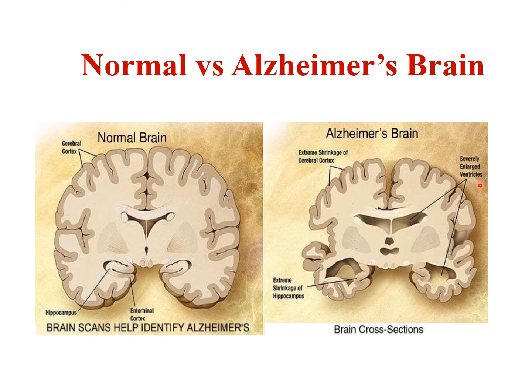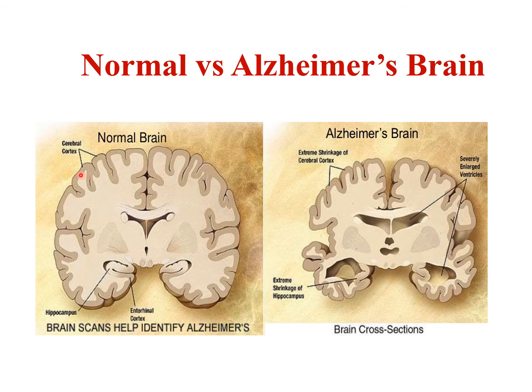And thirdly, severely enlarged ventricles are identifying the Alzheimer's brain, whereas in the case of a normal brain, there are no enlarged ventricles. Whereas in the Alzheimer's brain, we can easily identify the enlarged ventricles. Here you can easily see that.